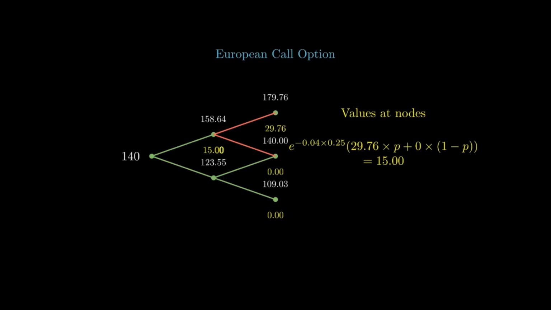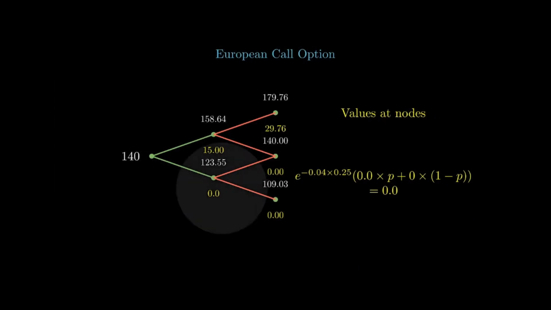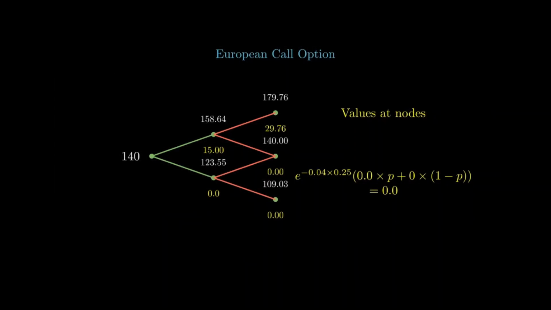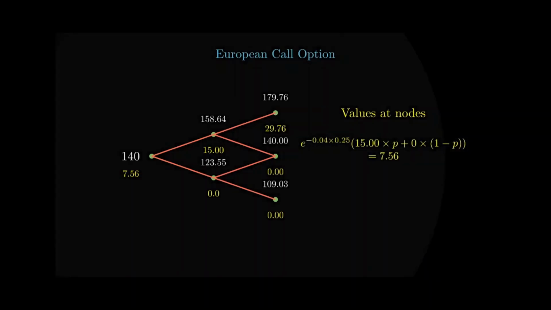To do that, we use the same procedure as we did for a one-step binomial model. The final step is to calculate the premium, and we get 7.56 per share.